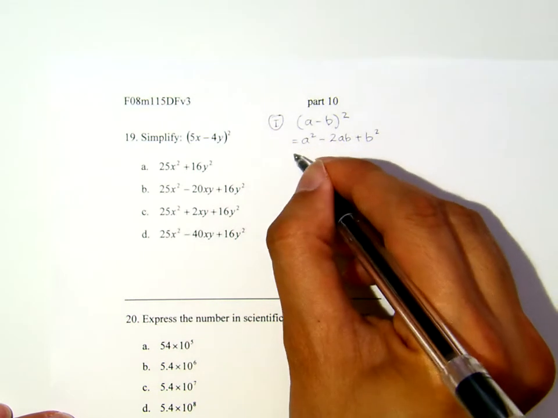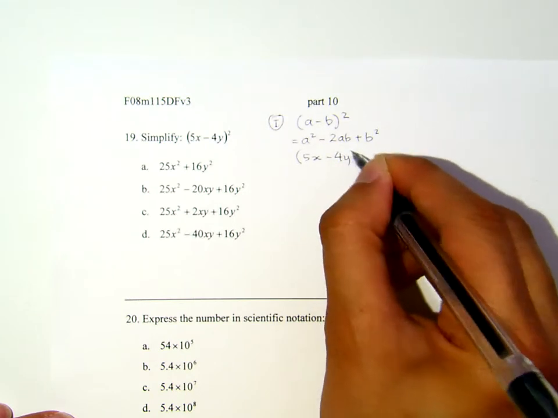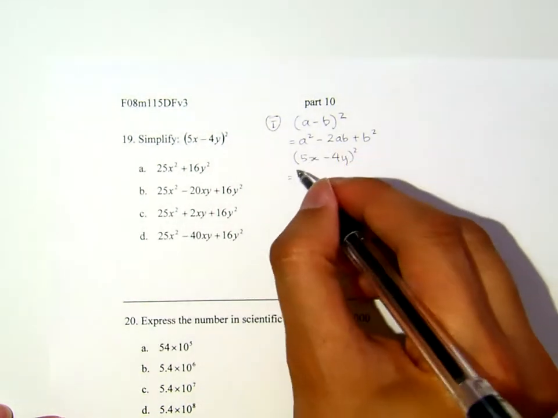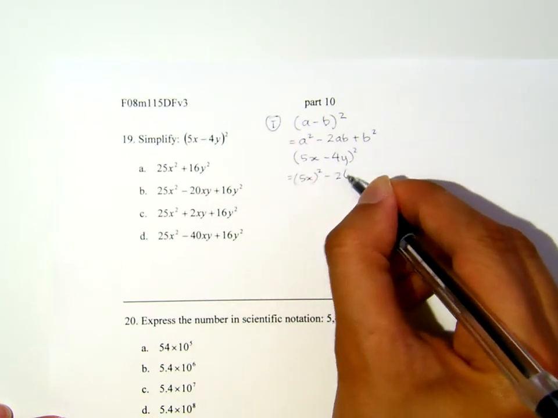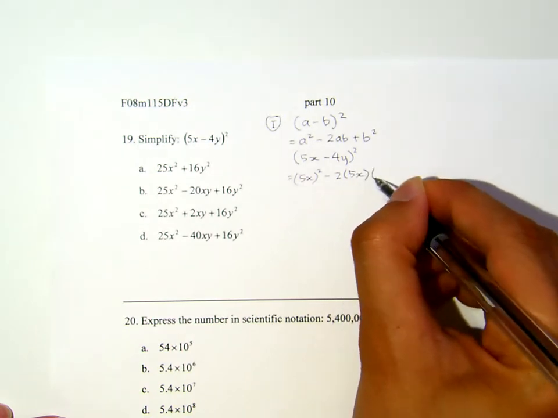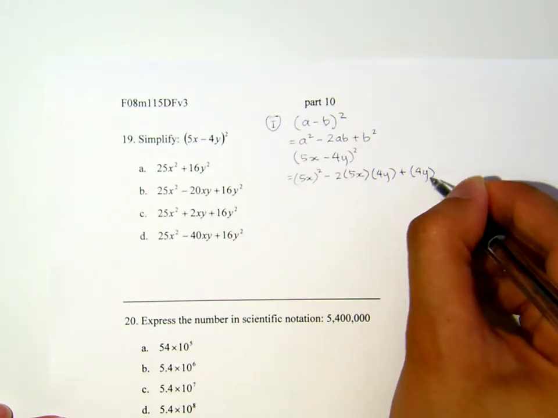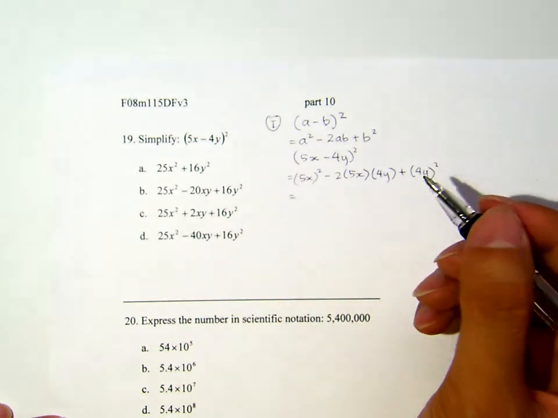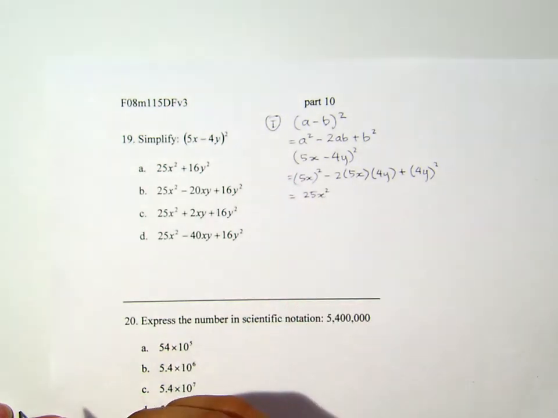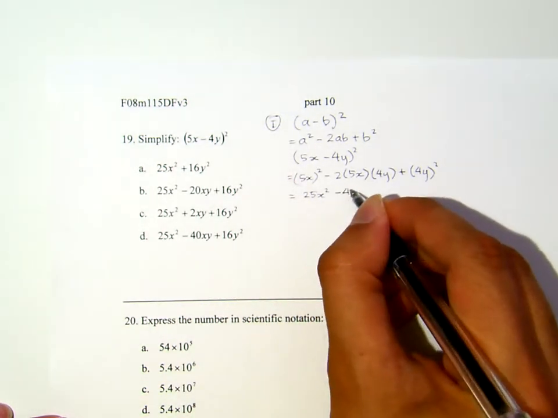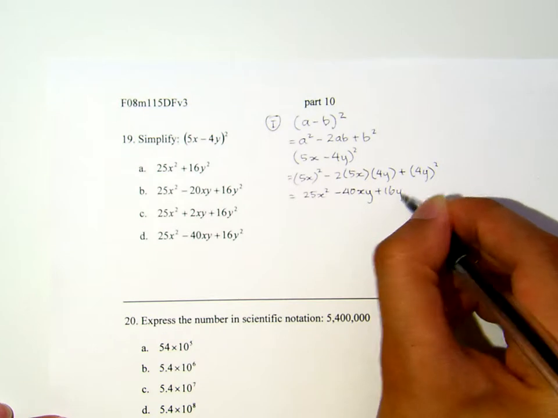Following that pattern, if we replace a by 5x and b by 4y, then it will be 5x squared minus 2 times a times b plus b squared, which if we simplify further will be 25x squared minus 40xy plus 16y squared.